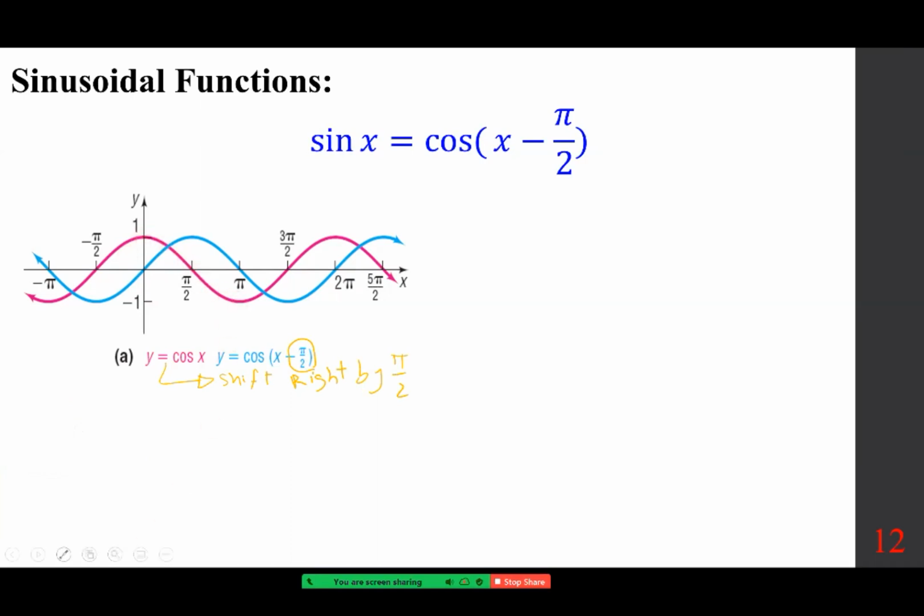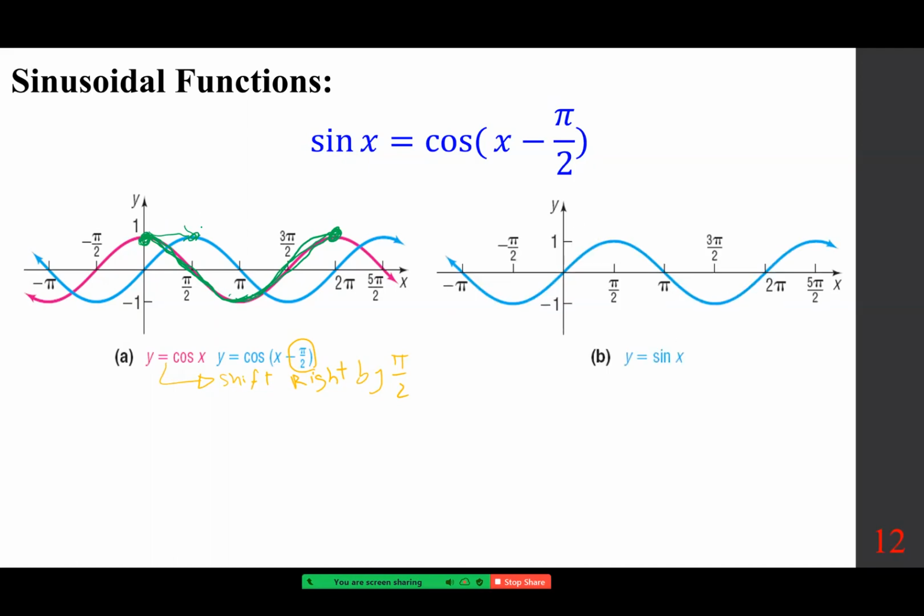Let me use a different color here. I want to show you the complete cycle. Just pay attention to the complete cycle. And this complete cycle is going to move by pi over 2, and so this goes here. Okay, and the idea is that it becomes a sine function. Regular sine, y equals sine x, the basic sine function.